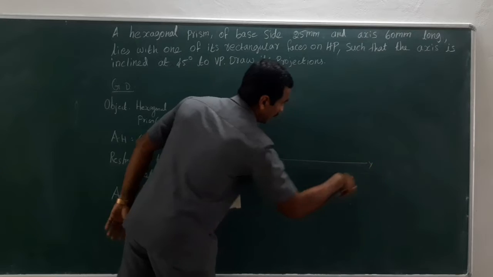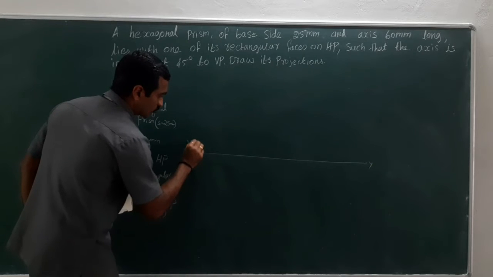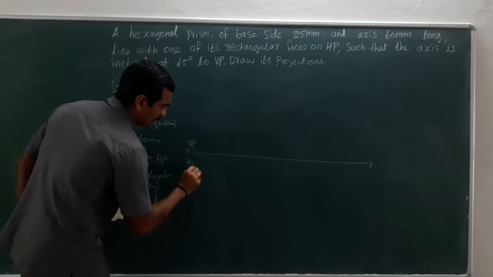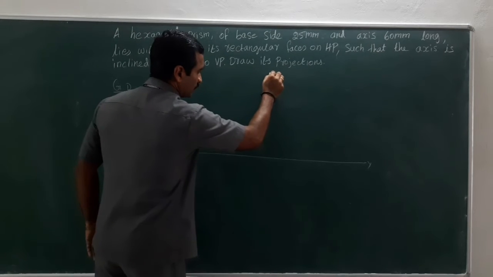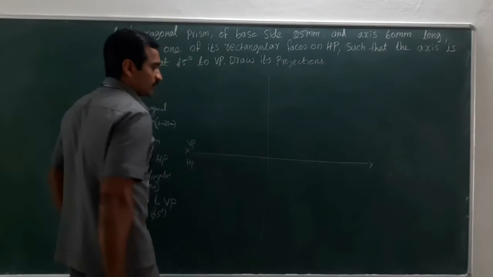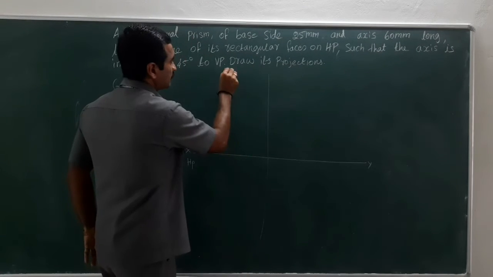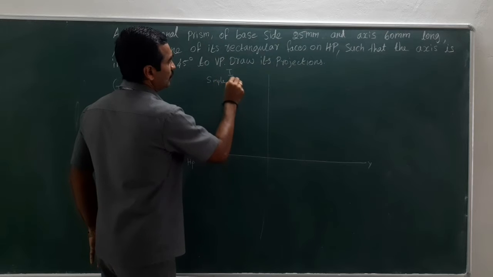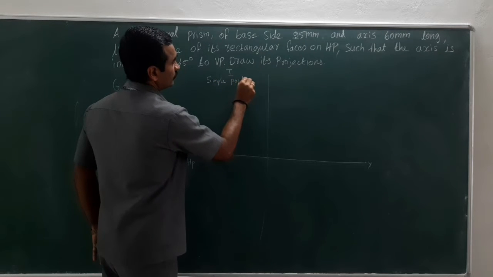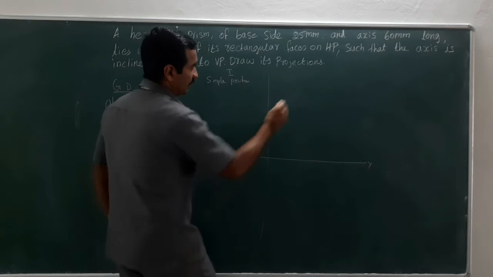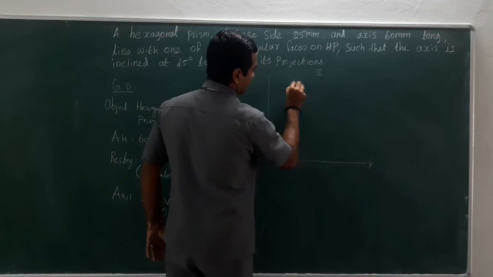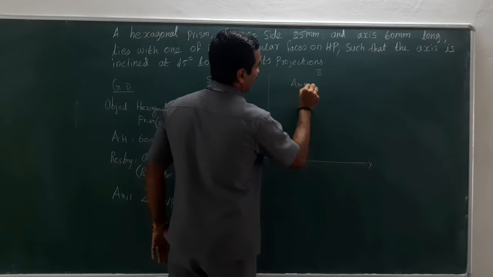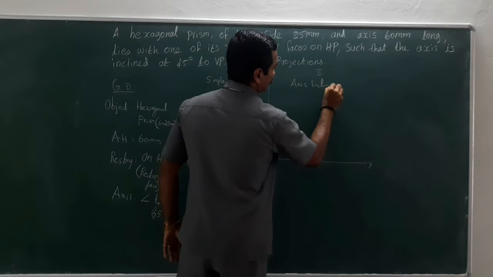So this is the XY line. Above XY is VP, below is HP. It has been divided into two stages. The first stage is for the simple position or simple resting, and stage 2 belongs to axis inclination or any other special condition.